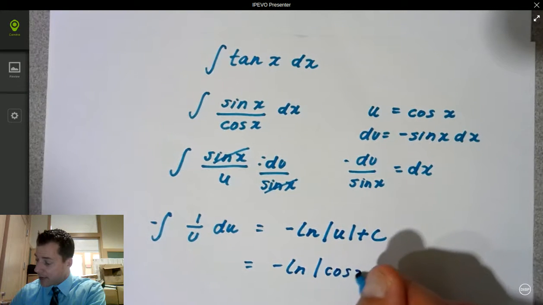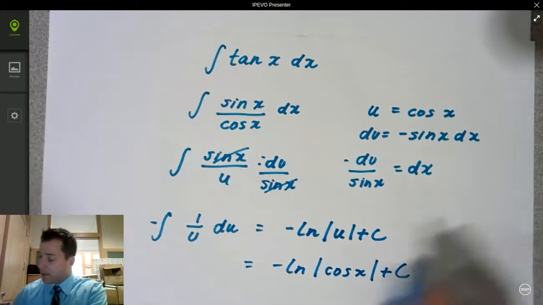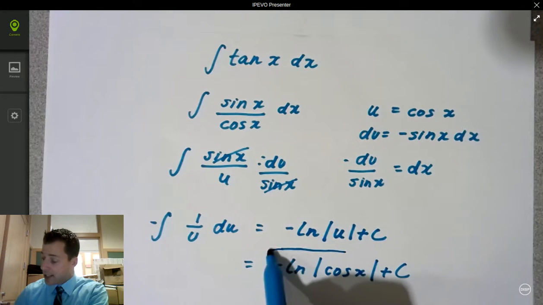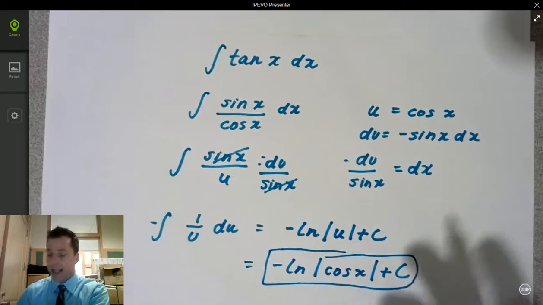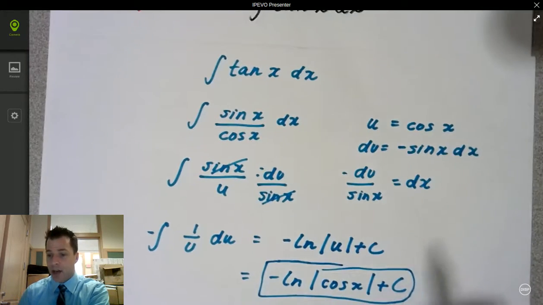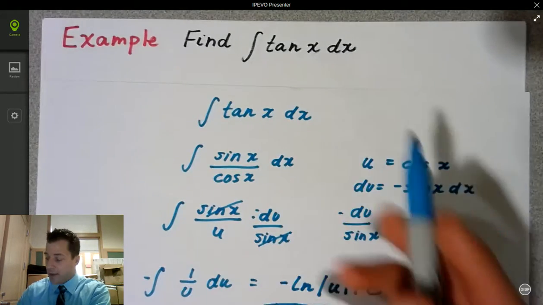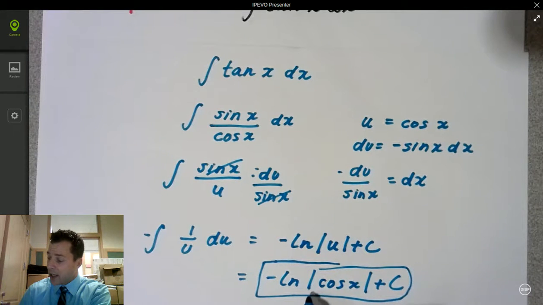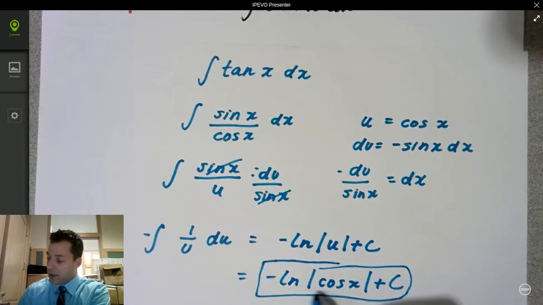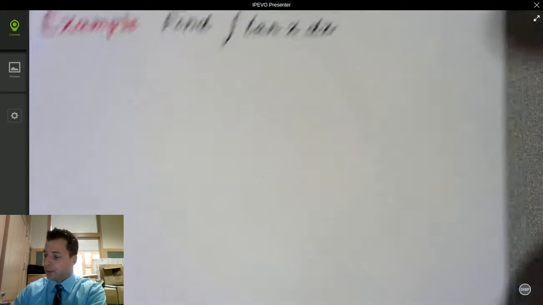Notice it's absolute value there, and we need that, because whatever goes into natural log has to be positive. So the integral of tan x is a new rule: negative ln of the absolute value of cosine of x plus c. That's a rule you're going to want to know.